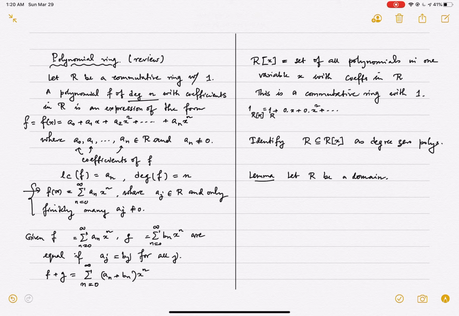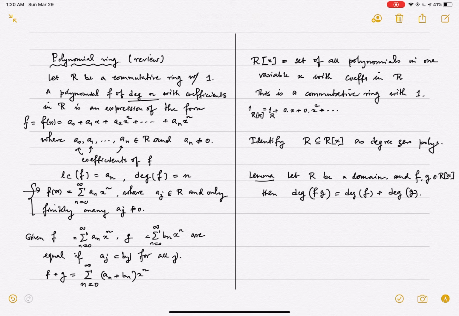Everything sort of follows from this. If f, g are in R[x], then the degree of f times g is the degree of f plus the degree of g.